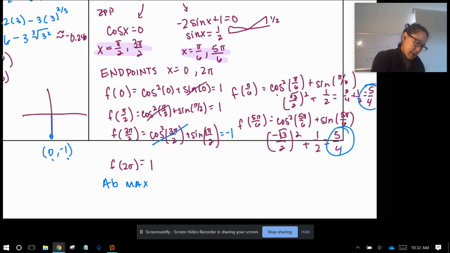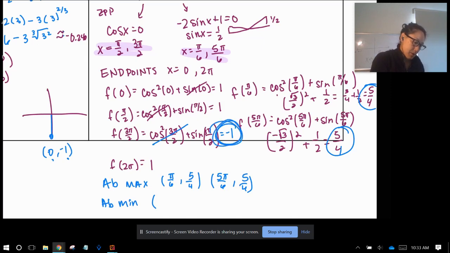So we just write it as pi over 6 comma 5/4, and 5 pi over 6 comma 5 over 4. And then our absolute min is our 3 pi over 2. So it would be 3 pi over 2 comma negative 1. All right, that's it.